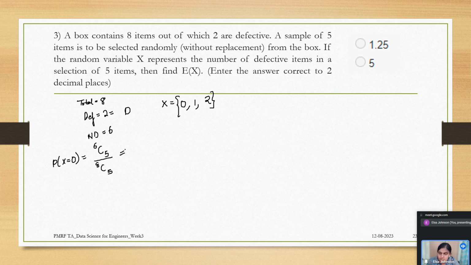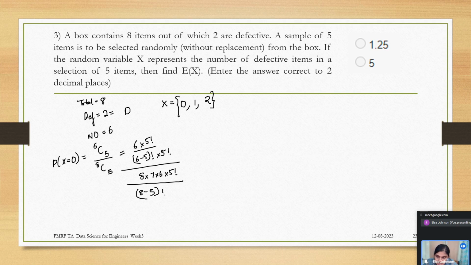Okay, so this will come as 6 factorial by (6 minus 5) factorial into 5 factorial. Then here it will come like 8 into 7 into 6 into 5 factorial, and here (8 minus 5) factorial and 5 factorial.